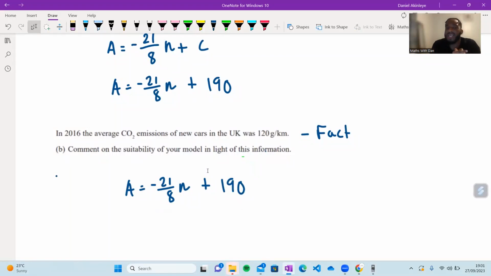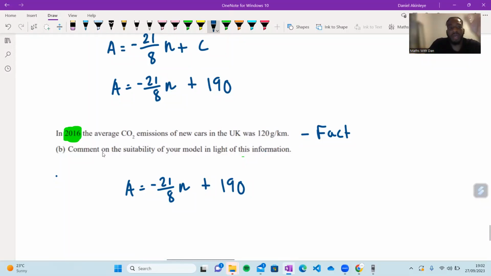Does anybody have any ideas as to what we should do? What do we think? Well, remember, our model is modeling the years after 1997.